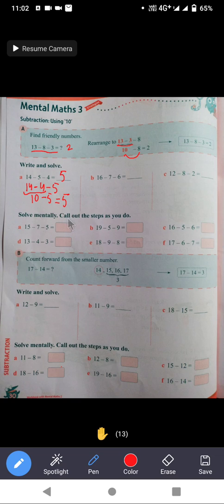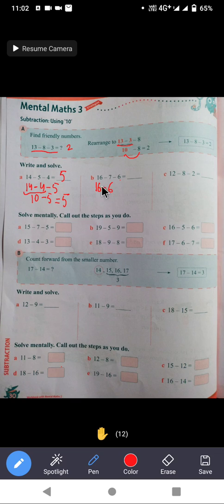Okay, so let's see B part also. Here we have 16, 7 and 6. Okay, so which number do we have to subtract from 16 to get 10? 16 minus 7 is 9, but we need 10, so that's why we will subtract 6 from 16. So 6 I will take with 16, so 16 minus 6 will be 10.